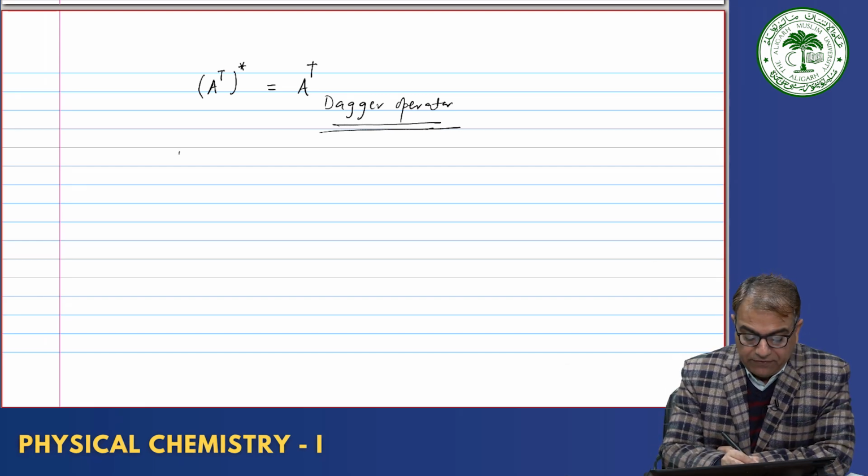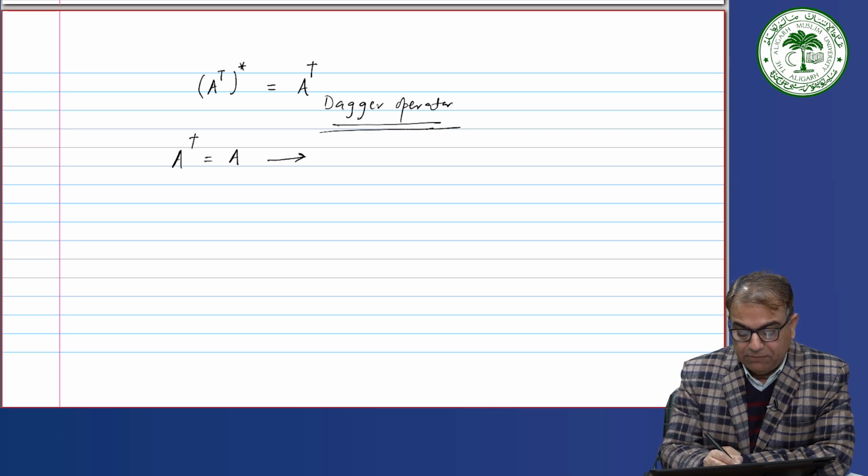So what we say is that if A dagger of an operator is equal to A, we say it is a Hermitian operator.